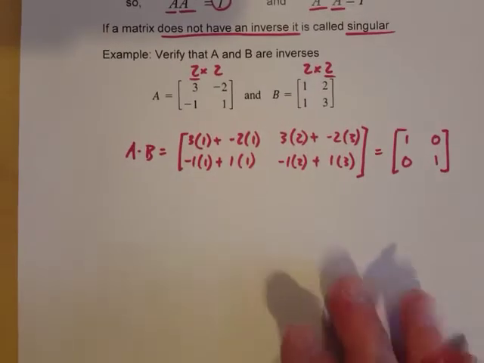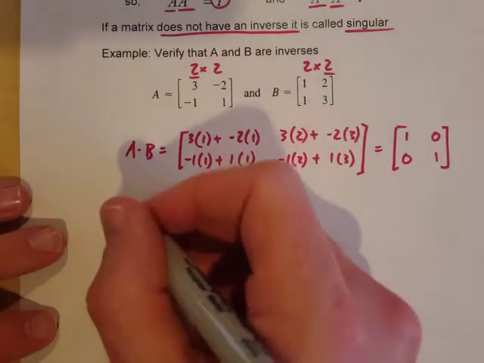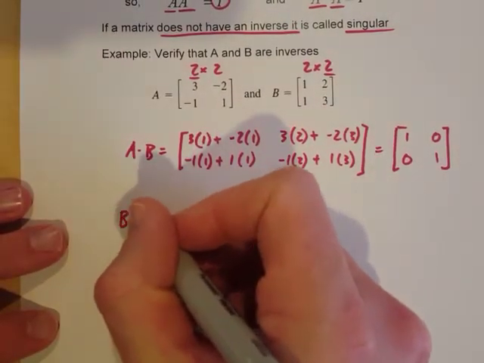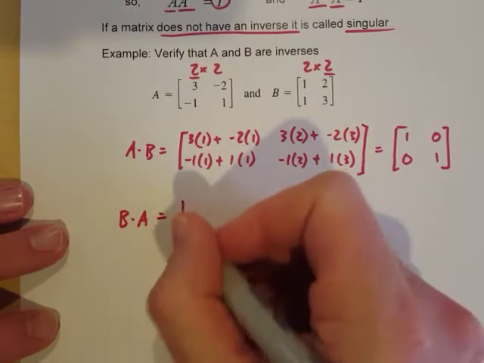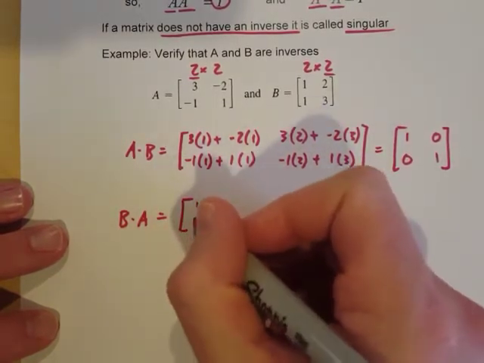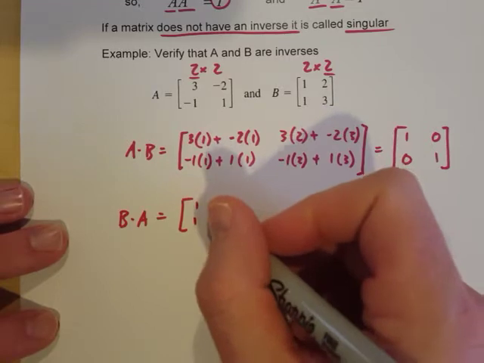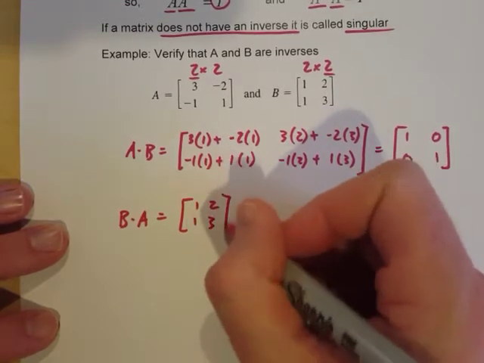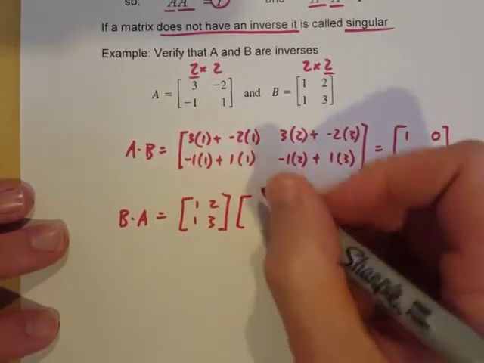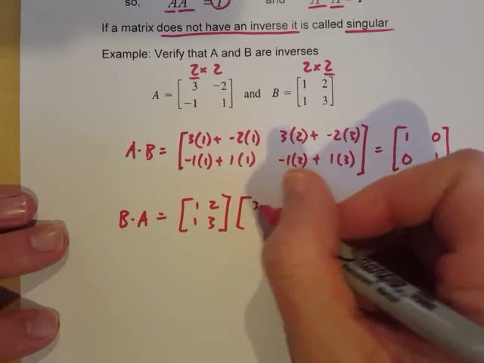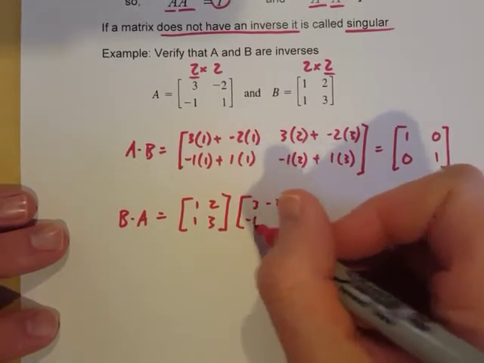Now I'm going to show you how to use your calculator to do the same thing. We're going to do here instead now B times A. So I'm just going to rewrite them so that we can clearly see the order that we're going in. I'm going to show you how to do this on your calculator.